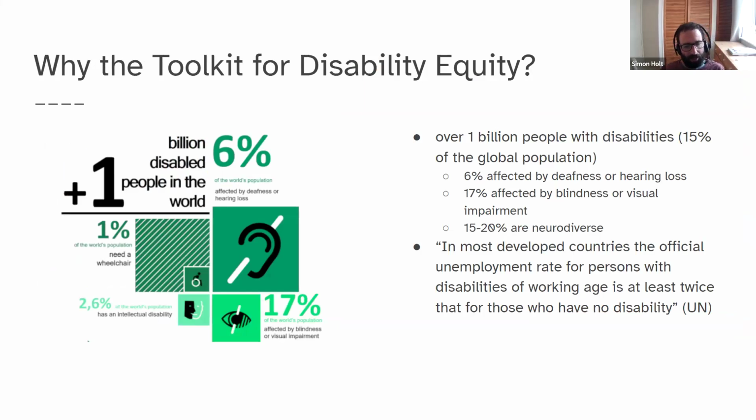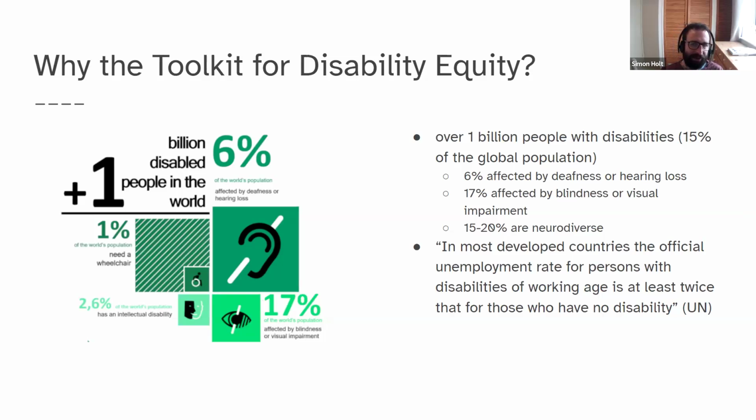Well, when we think about disability in the world, 15% of the world's working age population, those between 16 and 64, have some kind of disability. When you include neurodivergent people, that number is more like 20%. So that means that over 1 billion people worldwide have some kind of disability.